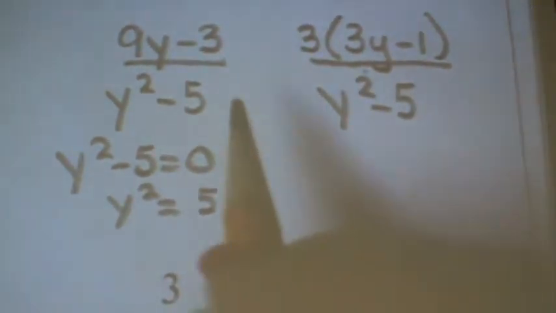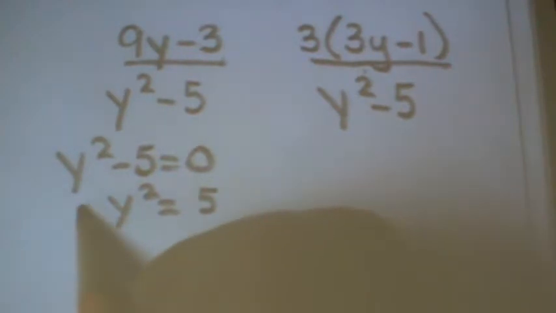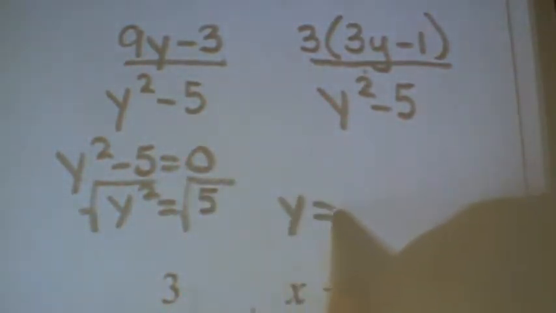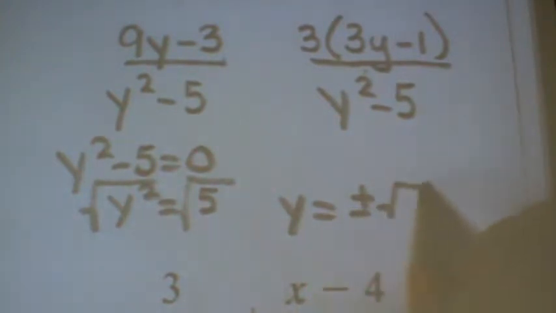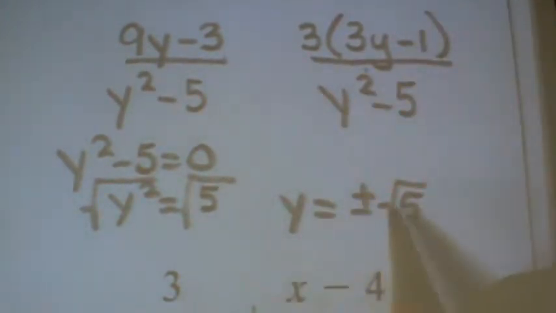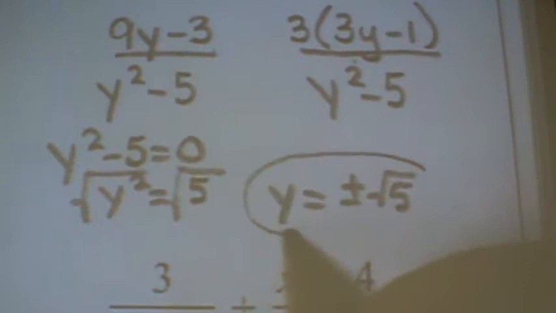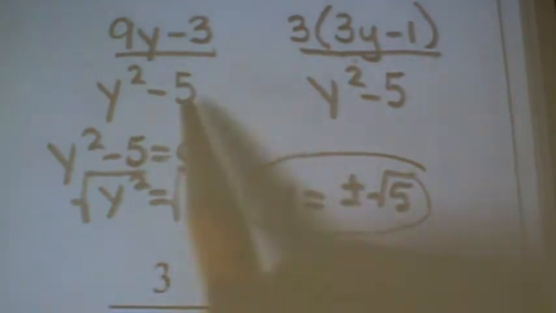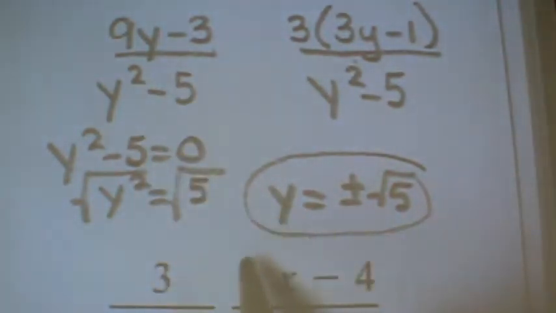does anyone know how to solve for this one? Square root both sides. And y would equal plus or minus the square root of 5. So this is what your restrictions are. You don't want y to be root 5 or negative root 5, because if it were, and you squared it, you get a 0 in the denominator.